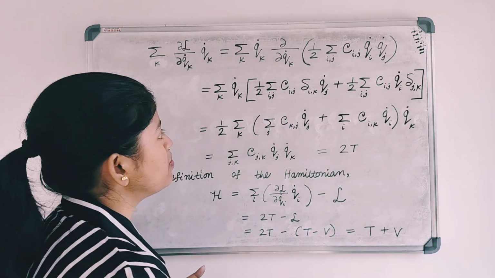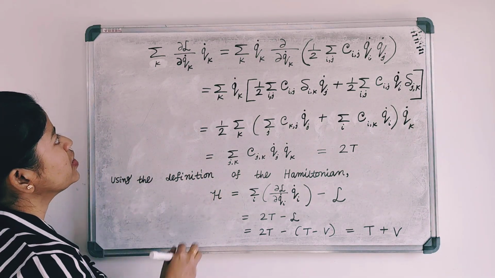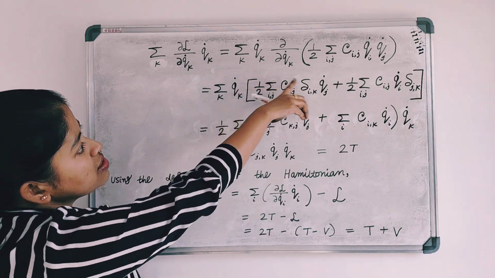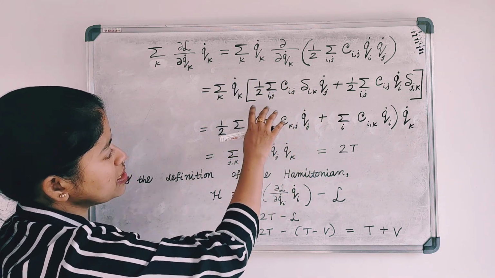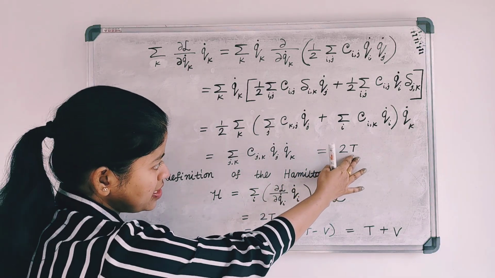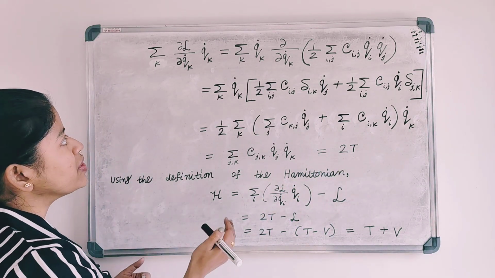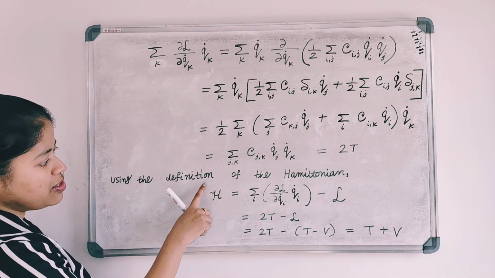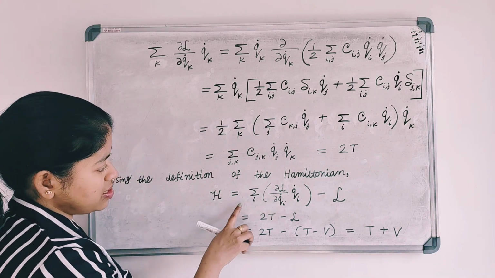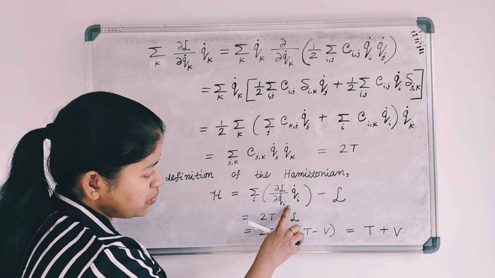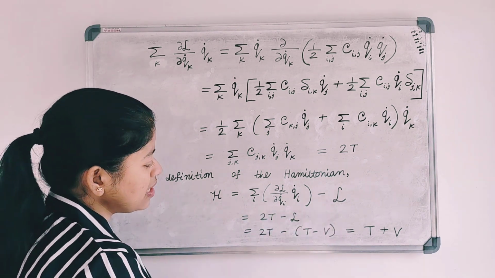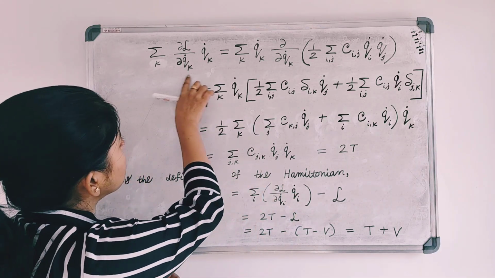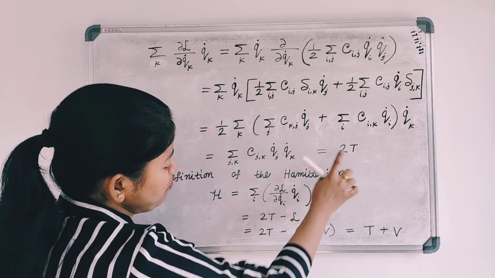Okay, so now from the definition of the Lagrangian L, we get summation over k of ∂L/∂qk dot times qk dot as this term. Now doing the derivatives and applying the value of kinetic energy T from our previous calculation, we get that this term equals 2T. Now using the definition of the Hamiltonian, H equals summation over i of ∂L/∂qi dot times qi dot minus L, which equals 2T minus L, because this term from the calculation is 2T.